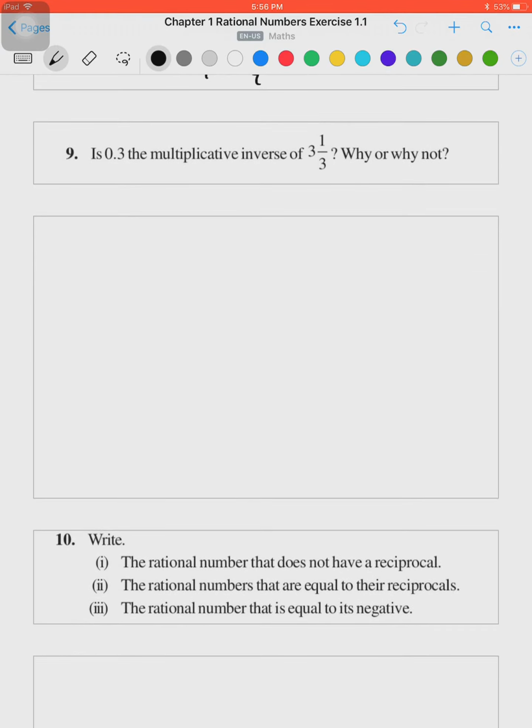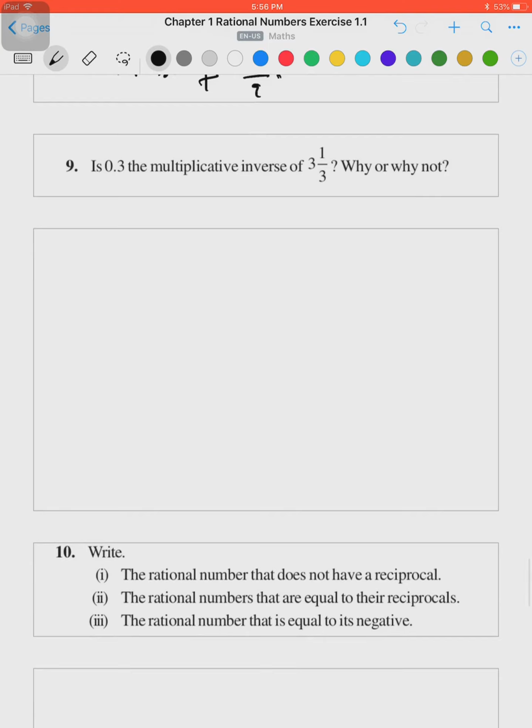Okay, similarly we have to check, is 0.3 the multiplicative inverse of 3 and 1 by 3? Why or why not? First we will simplify both numbers. Here we have answer number 9.